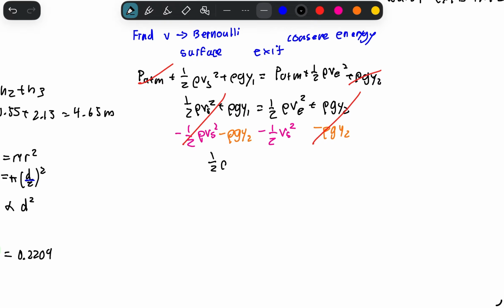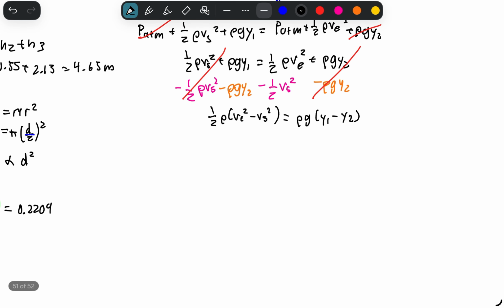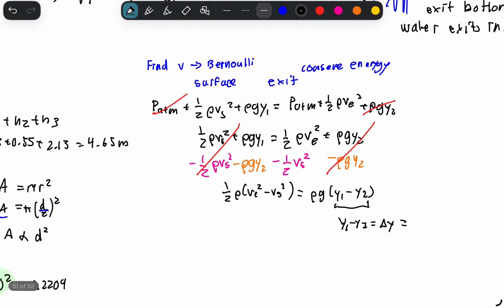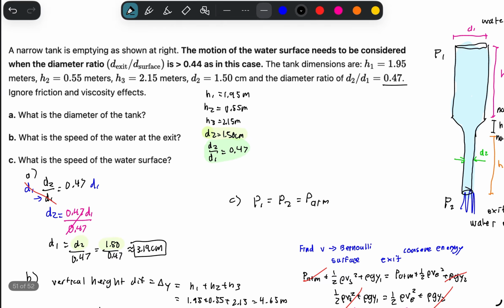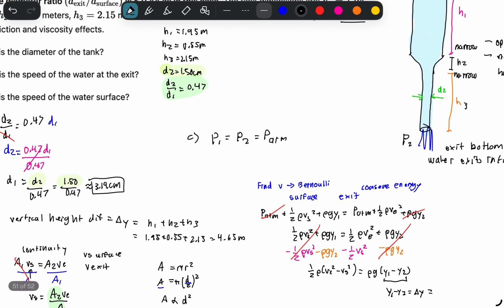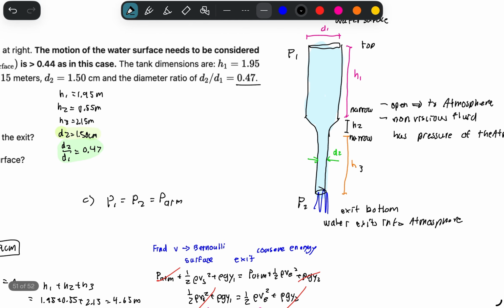So we're going to have 1/2 rho Ve squared minus Vs squared is equal to rho g (Y1 minus Y2). We know that Y1 minus Y2 is equal to delta Y, the change in height here.